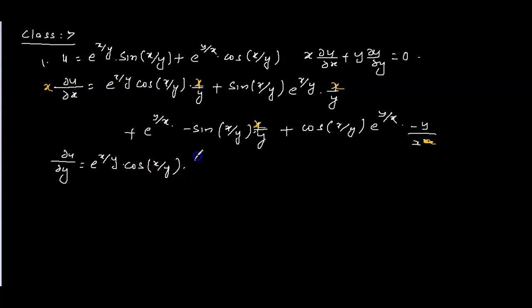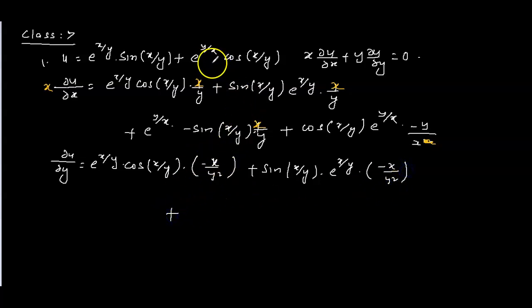So x is constant, minus 1 by y square with x constant outside, plus sine of x by y times e power of x by y differentiation, and this x by y with respect to y becomes minus x by y square, plus this one e power of y by x as it is.